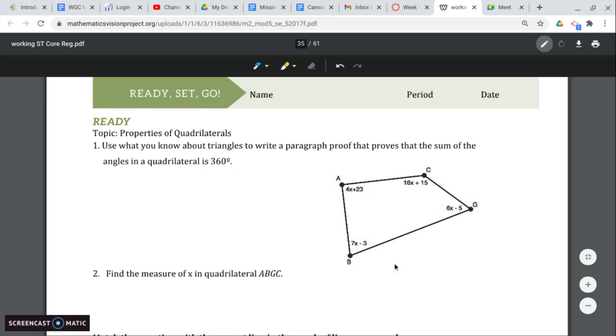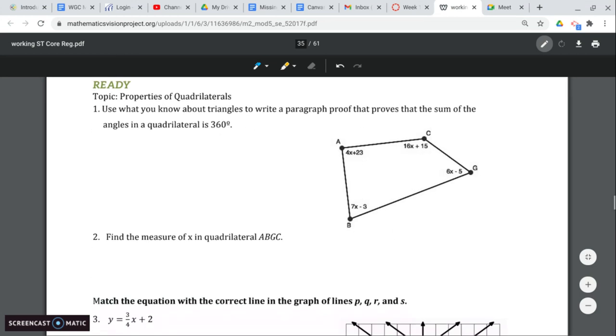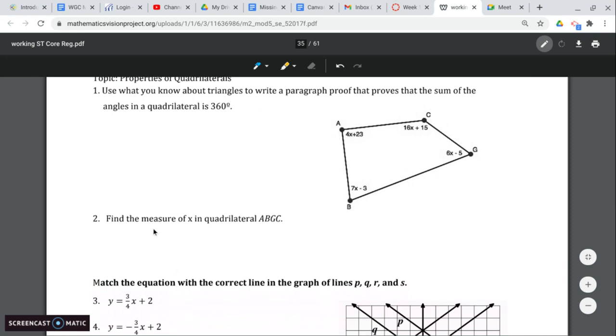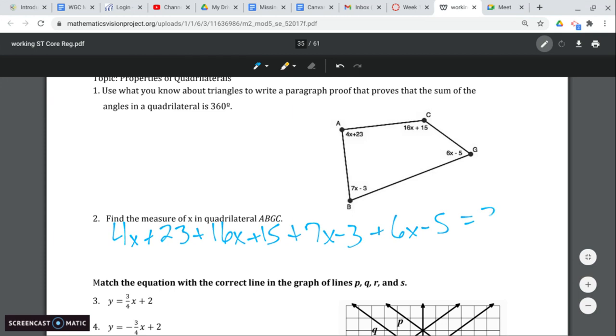Now, the angles in a quadrilateral do all add up to 360 degrees. So for number 2, we're going to take 4x plus 23 plus 16x plus 15 plus 7x minus 3 plus 6x minus 5 and set it equal to 360. So we combine like terms.